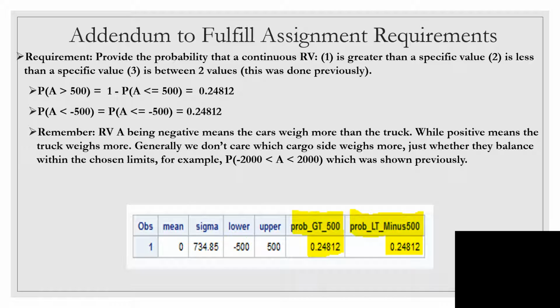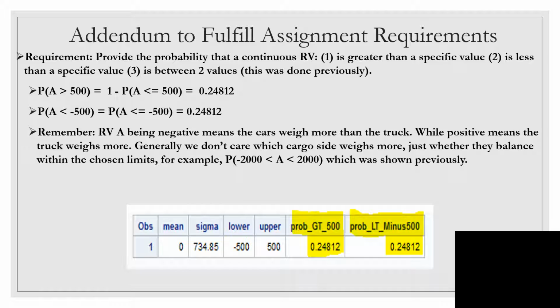So let's take the case of the probability of A being greater than 500, which is nothing more than 1 minus the probability of A being less than or equal to 500, which is 0.24812. The SAS output is listed down below and highlighted. The other case is the probability of A being less than minus 500, which again is the same value because of the symmetry in the normal curve.